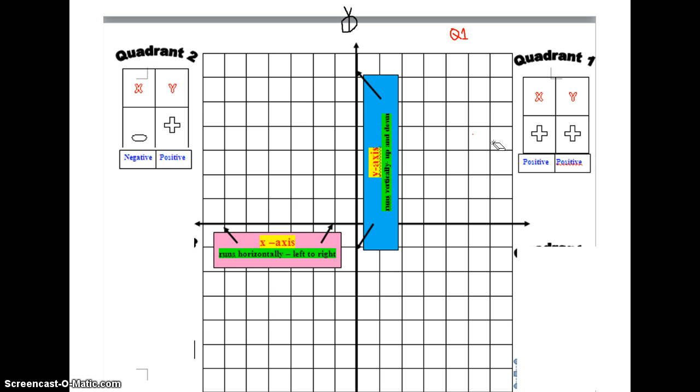Remember, we travel counterclockwise. And in order to end up in this space, if 0's here, x has to be negative. Think integers, -1, -2, -3, -4. In order to end up in this space, you have to first travel left and then up. So your x value will be negative, your y value is going to be positive.